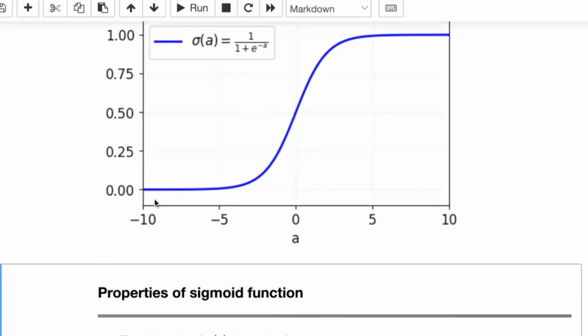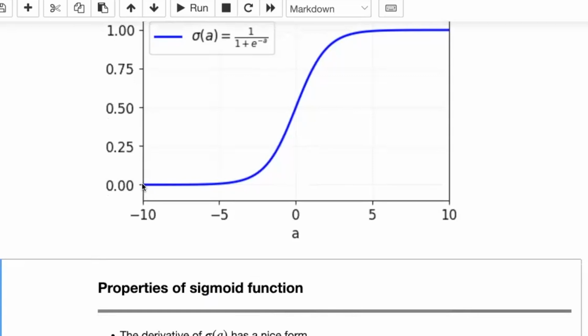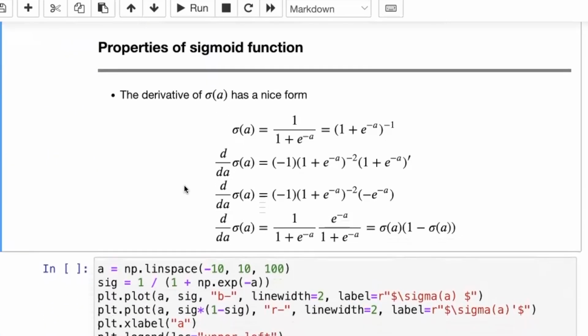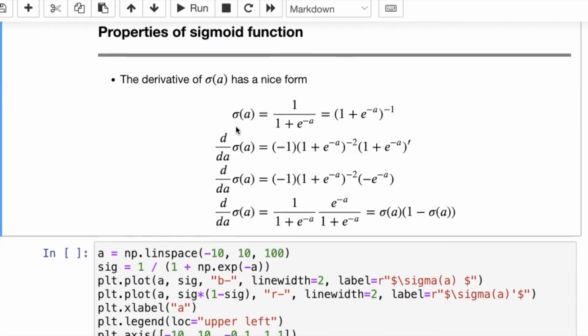Now you may wonder, why should we use this sigmoid or logistic function? There might be other options as well. Here it gets a little bit technical, but I wanted to include this information: the sigmoid or logistic function has a very nice property in the sense that once you find its derivative, you see that this is the function that we have, we can write it as 1 plus e to the negative a raised to the power of -1.